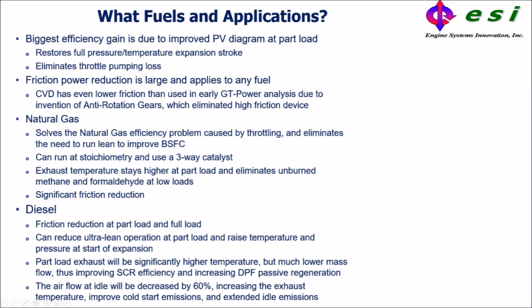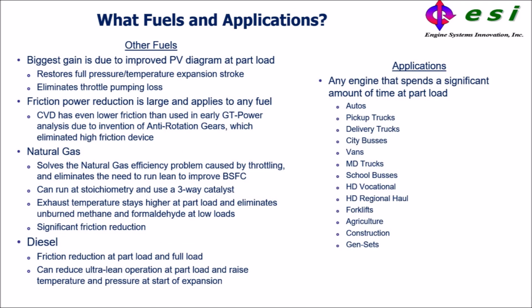Again, reduction in part load losses would be more significant than full load improvements. Reduced mass flows at low loads would eliminate ultra-high air-fuel ratio and thus improve the indicated efficiency by raising the combustion temperature. This would also have a significant impact on after-treatment efficiency, eliminating the ultra-low exhaust temperatures and also increasing passive regeneration of diesel particulate filters.